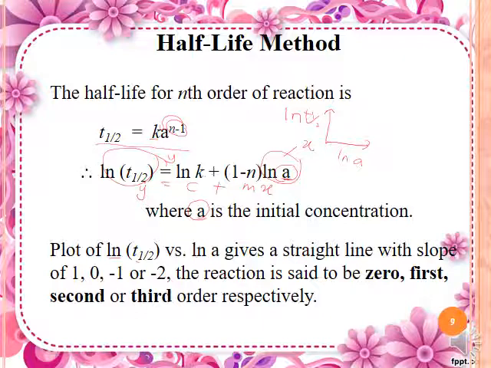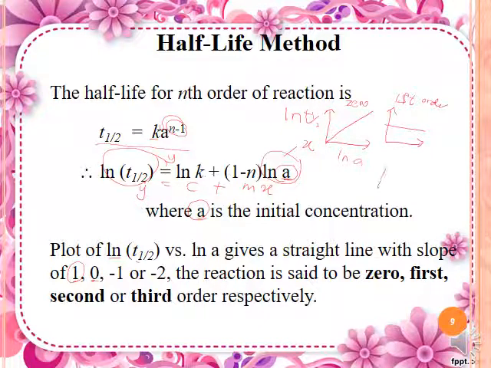So if we have the slope of value 1, this is zero order. If we plot ln half-life versus ln a, and we have a slope of 0, this is referring to first order.